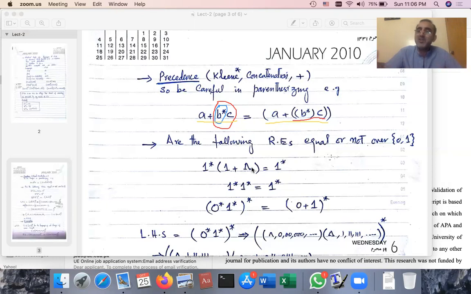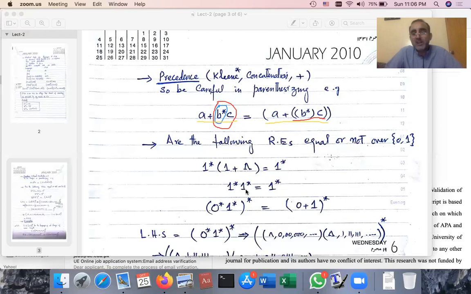What are the different strings which are possible in this regular expression 1 plus and 1 star? All possible combinations including null. So that's why 1 star on the right hand side is okay. It's perfect. So the left hand side is equal to the right hand side. This is true here.